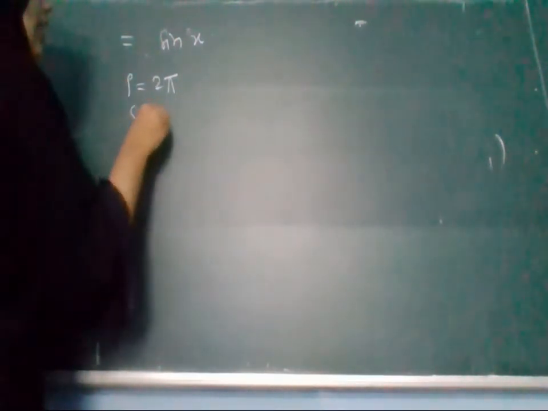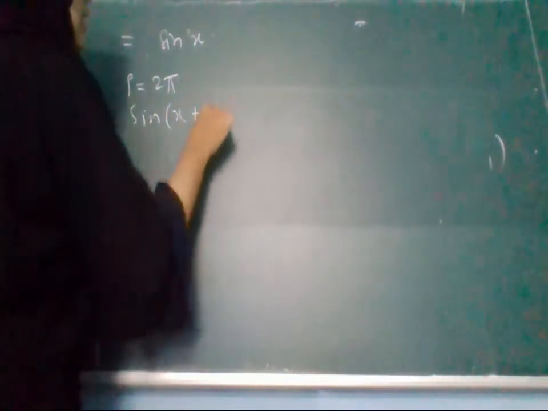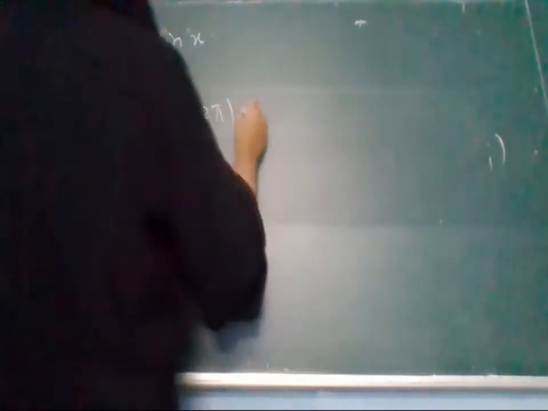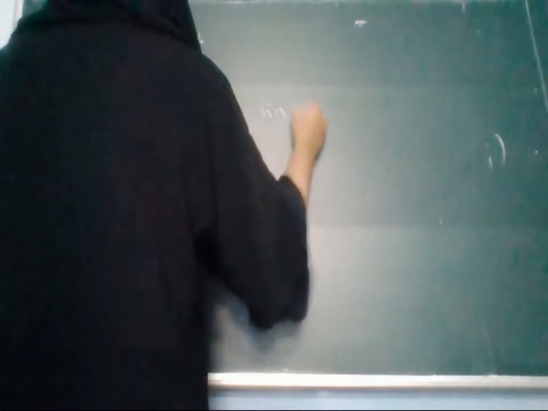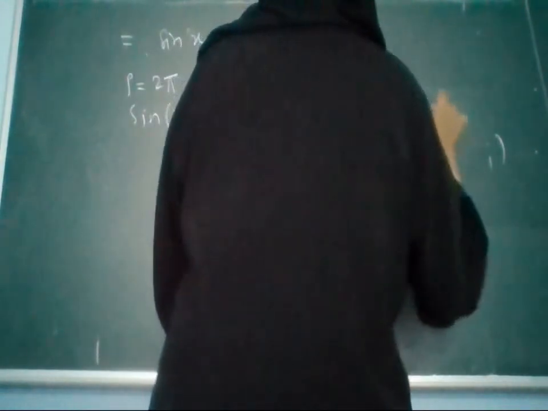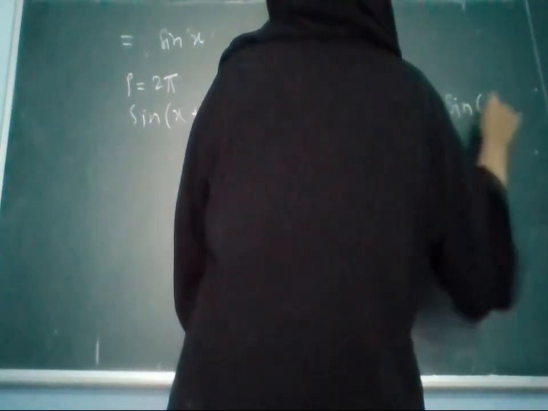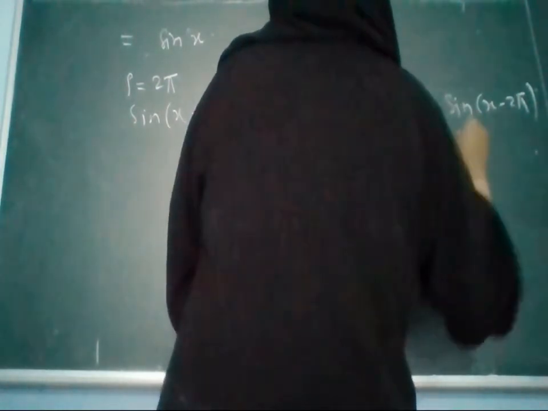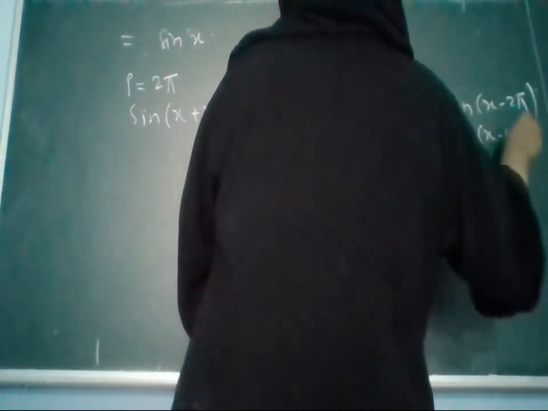So sine of x plus 2 pi will be the same as sine of x plus 4 pi, which will be the same as sine x, which is equal to sine of x minus 2 pi, and the same as sine of x minus 4 pi, and so on.